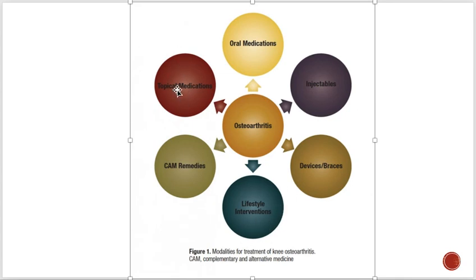So this is how we go for osteoarthritis treatment, starting from lifestyle modifications, then going on to medications, topical as well as oral, and then going for the injectables, okay? And if injectables are not working, then we can go for surgery like arthroplasty or osteotomy or joint debridement. All these things could be done in the patients.